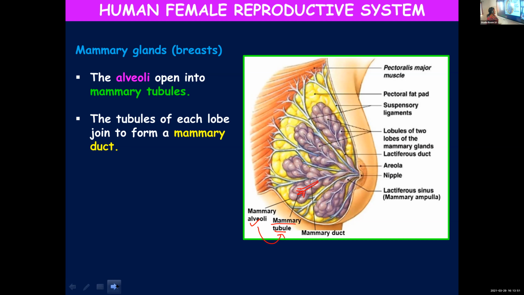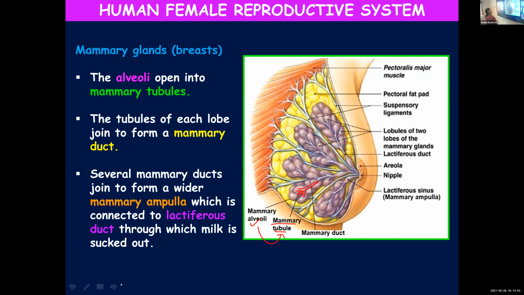And several mammary ducts join together and form the mammary ampulla, which is connected to the lactiferous duct, from where the milk will be sucked out. Those terms you should not get confused: mammary lobes, alveoli, mammary tubule, mammary duct, mammary ampulla, and finally, lactiferous duct. Five or six terms you learned.